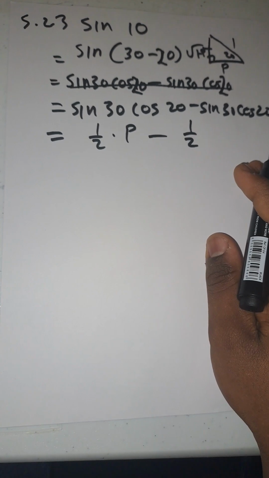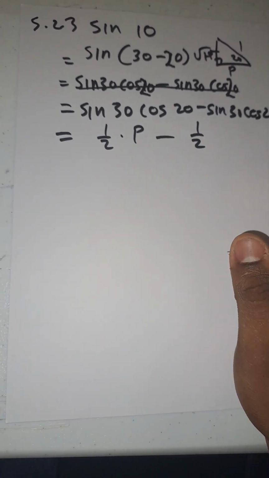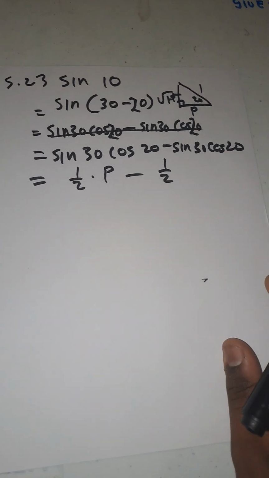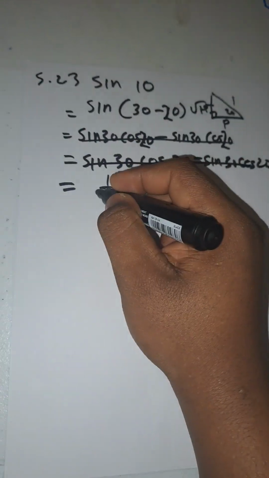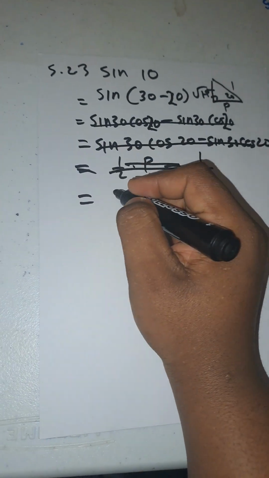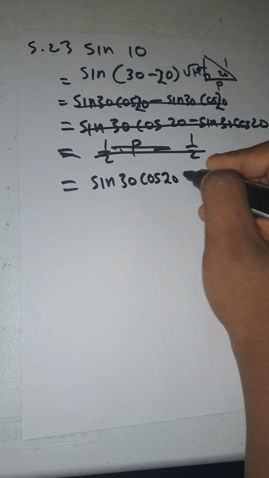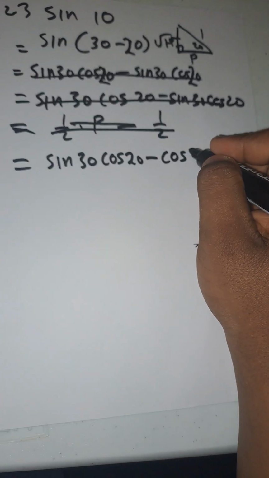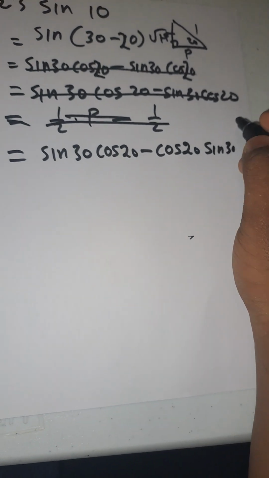Now, let's be careful. Let's make sure that we do everything step by step. So now let's continue. Okay, so now I can see where the thing is. You're going to be confused now. I wonder what's wrong with me today. Sure. So let's start afresh. Sine 30 cos 20 minus cos 20 sine 30.